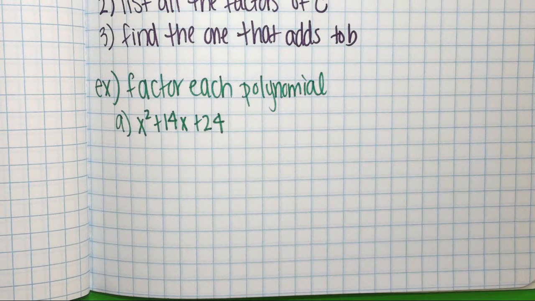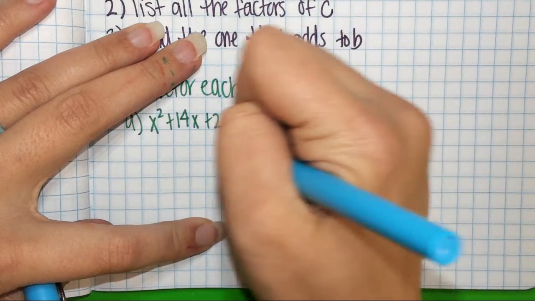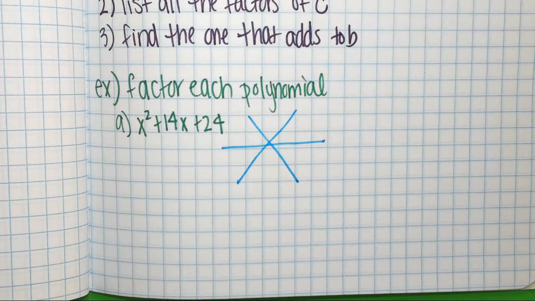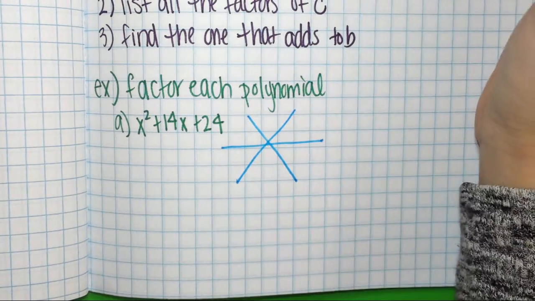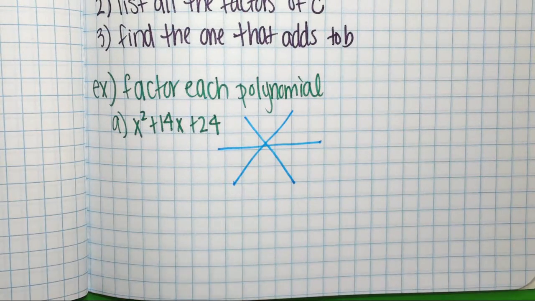Now, each time I want you to draw the star. And according to our example star that we drew at the top of our page, what goes on the top right here? 24. C. Good.